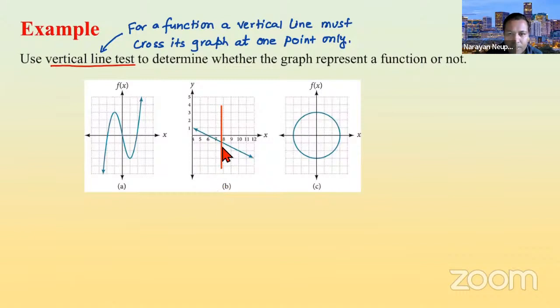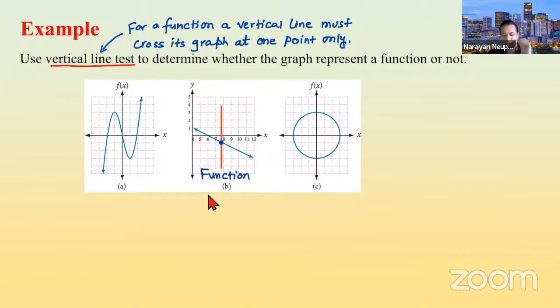If it crosses the graph at only one point, then this graph represents a function. So B represents a function. This is a function.